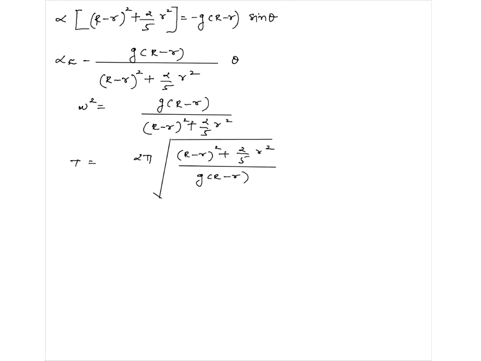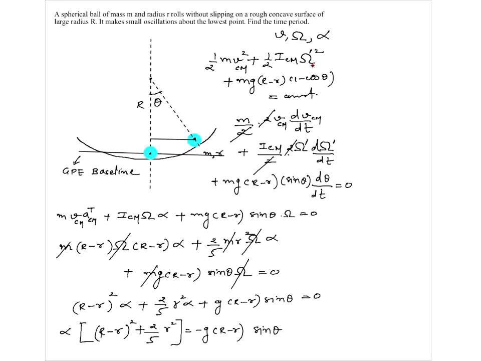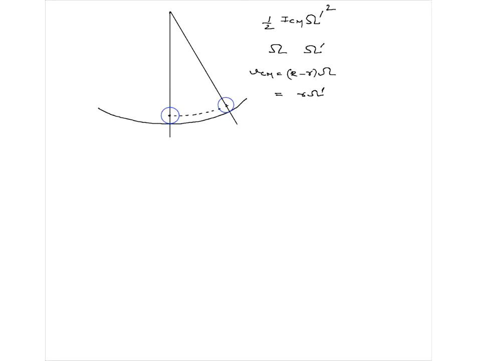So what will happen is that omega dash, this is omega dash, then this is not going to get cancelled, but omega dash is (R minus r) by r omega.